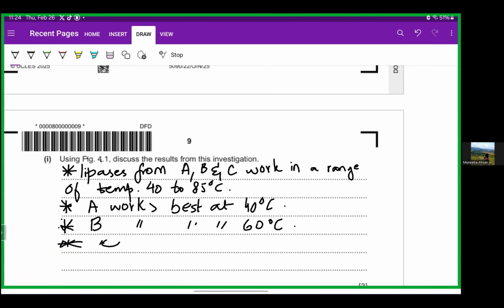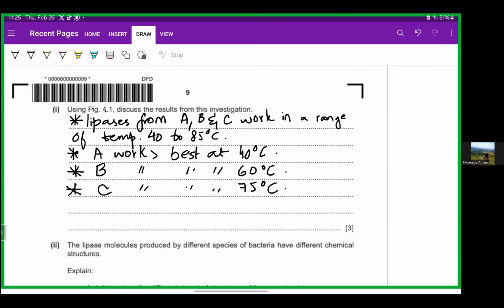Lastly, C works best at 75. Okay, now let's move on to the next part.